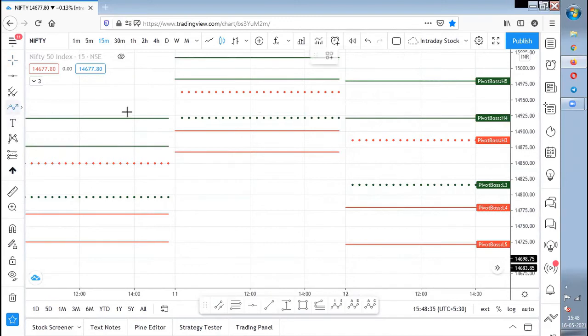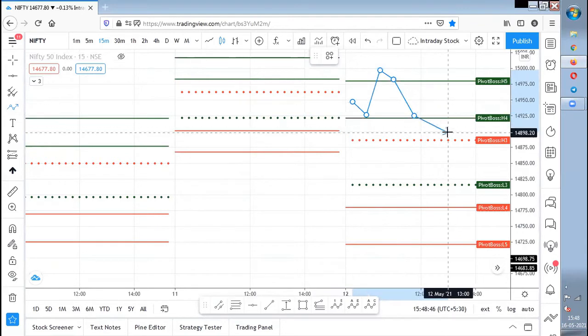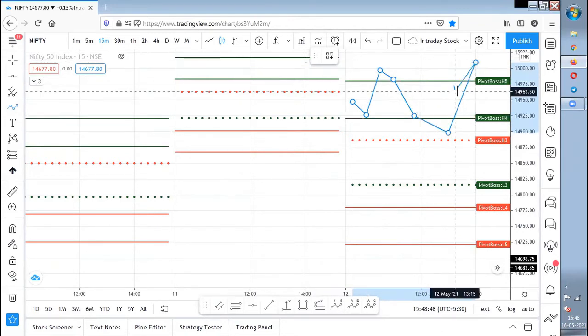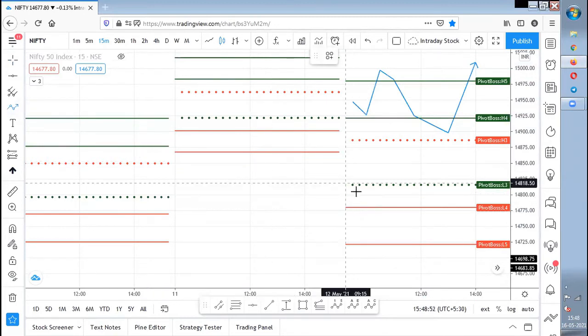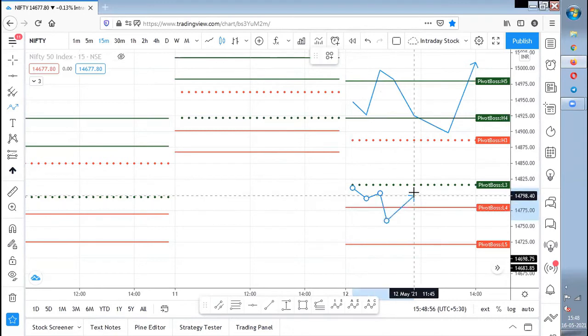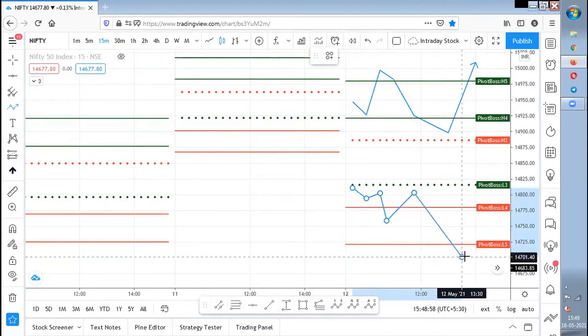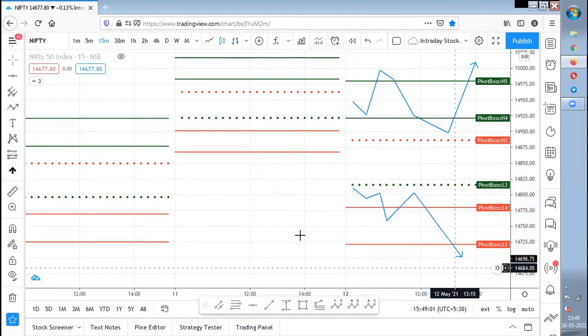So now what is the possibility? The candles may open anywhere, we are not sure. If the candles open above H4 or above H5, then any pullback towards H4 or H3 is going to be a buying opportunity. Next, if the candles open below L3 or L4, then any pullback towards L3 and L4 is going to be a selling opportunity.